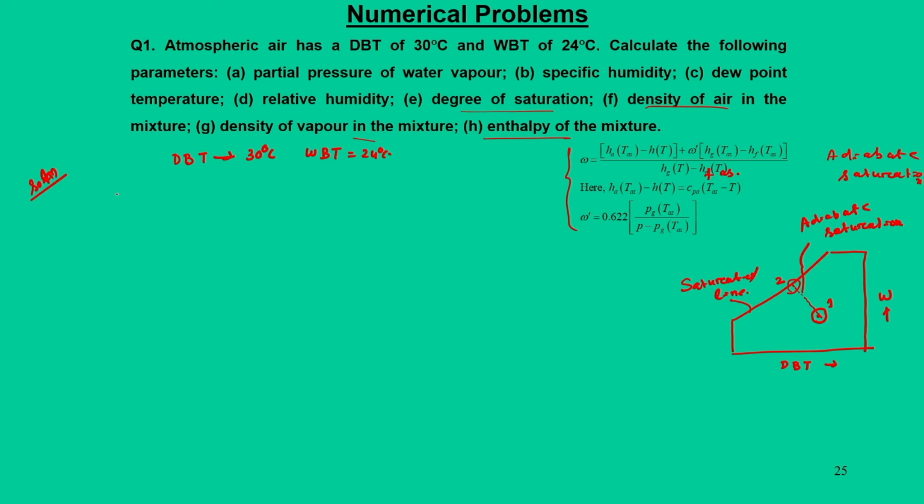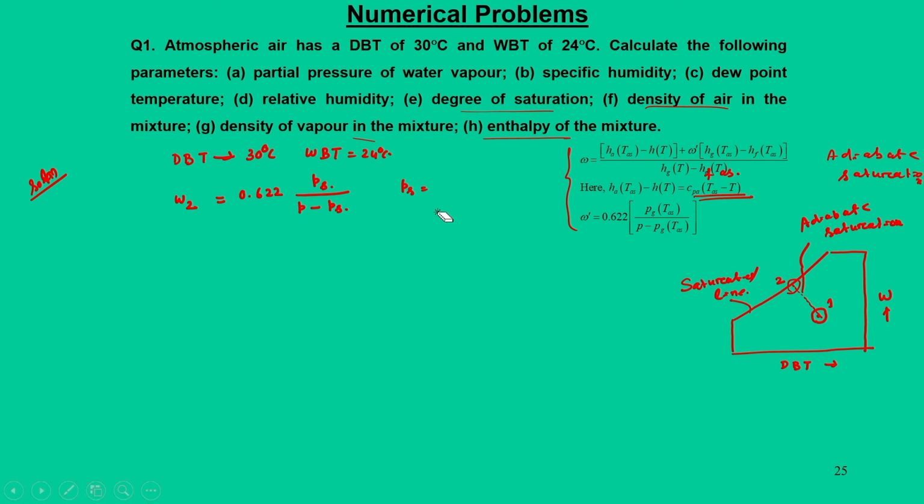So, here you have to use the expressions that we know, with Cpa. For point 2, omega 2 at the saturation curve, we can write 0.622 Ps by P minus Ps. Here Ps can be calculated.